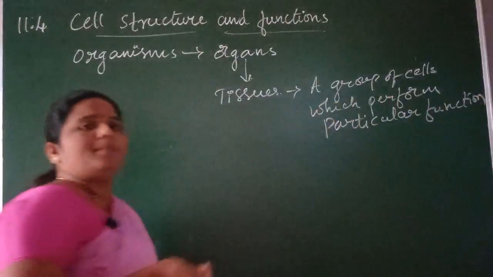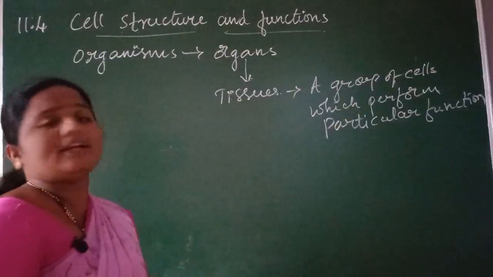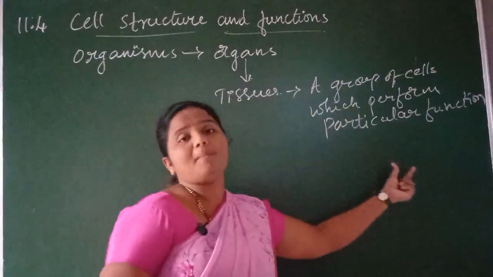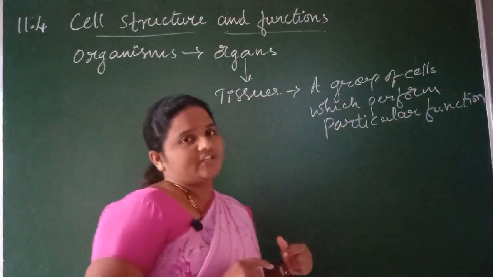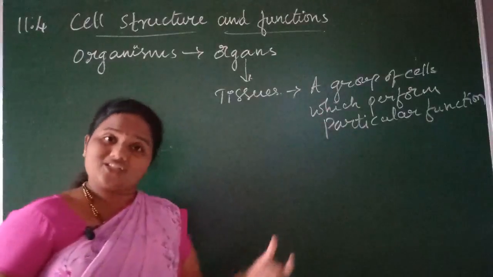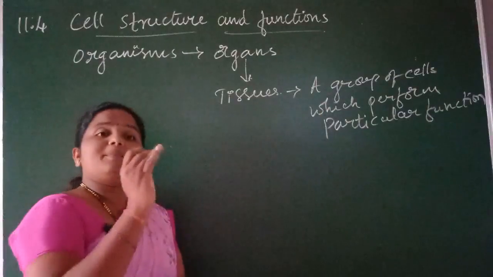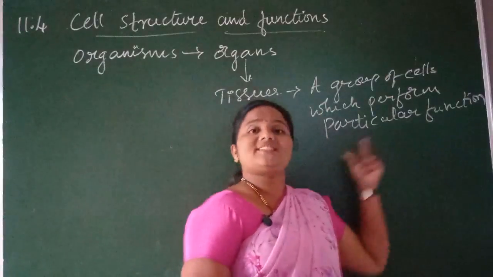In this group, there may be more than 100 cells, children, because all together these cells will perform one particular function. For example, let us say a tissue which consists of 100 cells. Then each one of these cells will perform the same function, the same work.